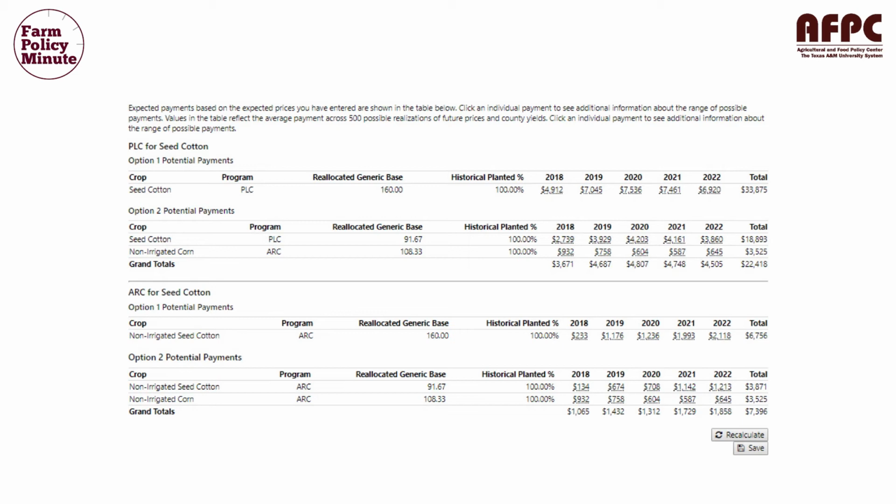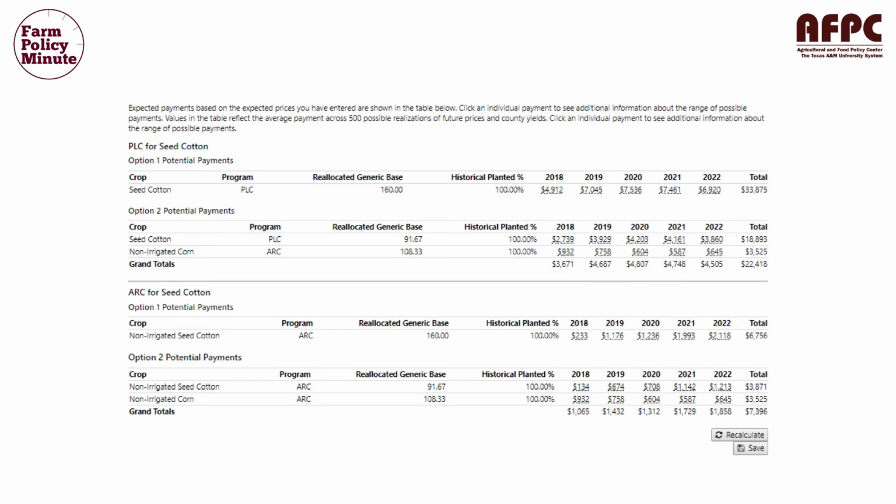And so a producer would have to make the decision, option 1, option 2, which one would I choose? What you will know is option 1, you're losing 40 acres of base, I think, forever. Option 2 is it doesn't go away, but in this case, it's going away to a crop that is going to pay less under the program choice that they have selected. So that's the way to look at that.